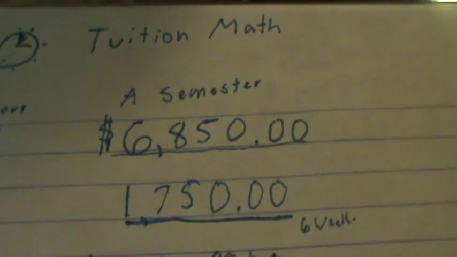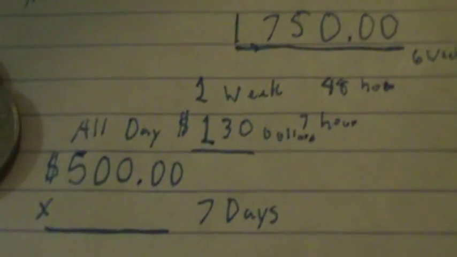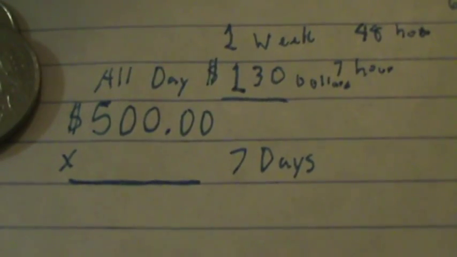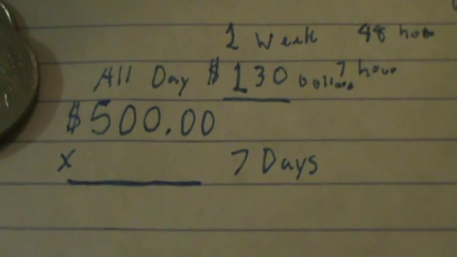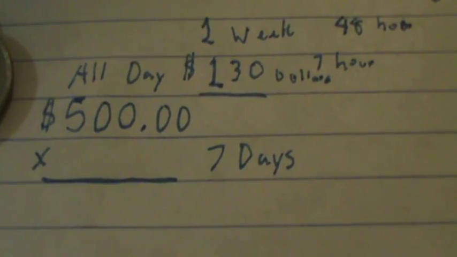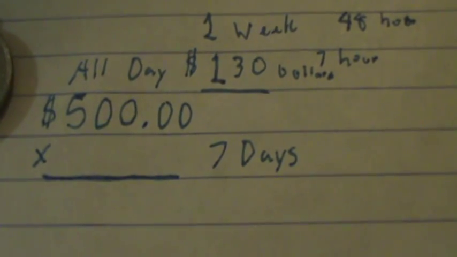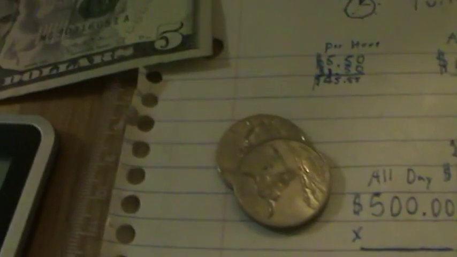For the tuition math you have right here, the math problem is talking about $500, which more likely is how much it would cost for the whole day, from day and night, going to the classes, at $5.50 per hour.